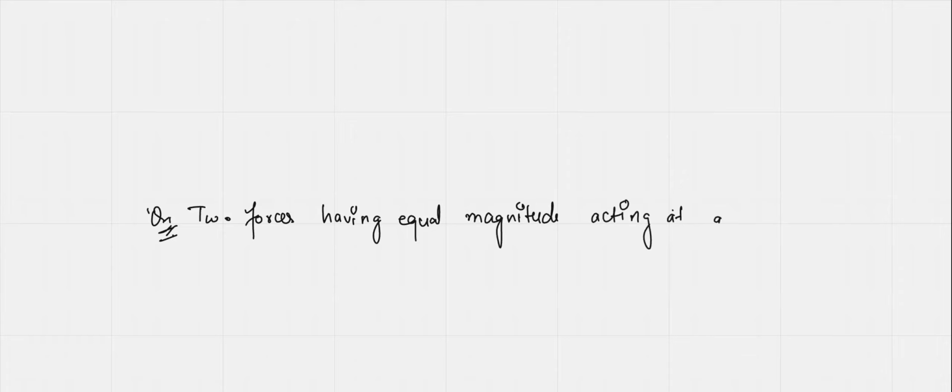Two forces having equal magnitude are given, acting at a point, and their resultant comes out equal in magnitude to either of them.